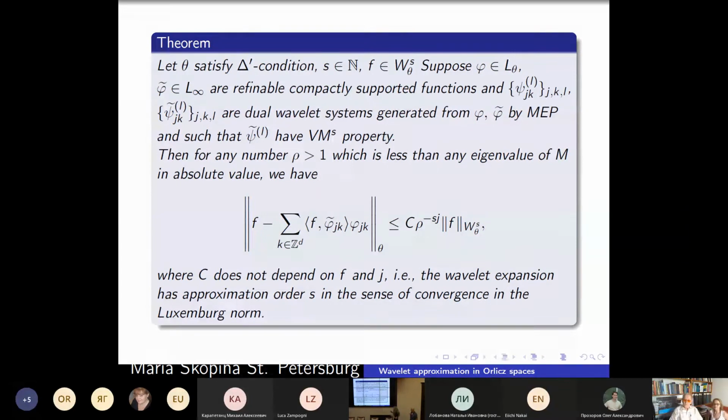Sorry, in the case when you don't have the delta condition. If we have no delta condition, this is not the same: norm convergence and modular convergence. Modular convergence exists for all functions, but norm convergence does not.